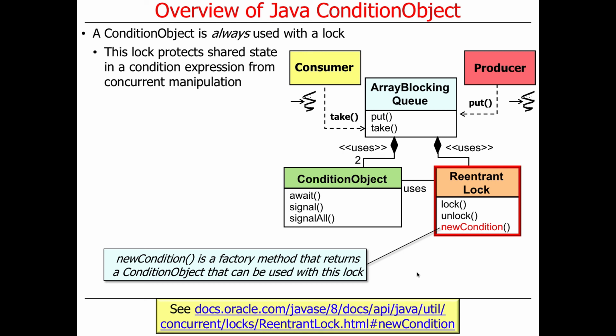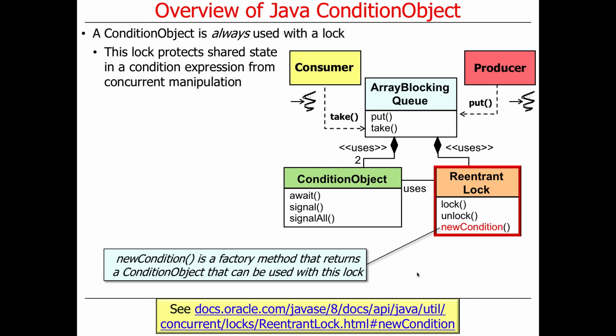So in the same way as ReentrantLock is a realization of the abstract concept of a mutual exclusion lock, so too is condition object the realization of the condition variable abstraction. You can imagine a world where there would be other ways to implement condition variable besides condition object. But condition variable is the concept, condition object is the realization or the instantiation or the reification, right?